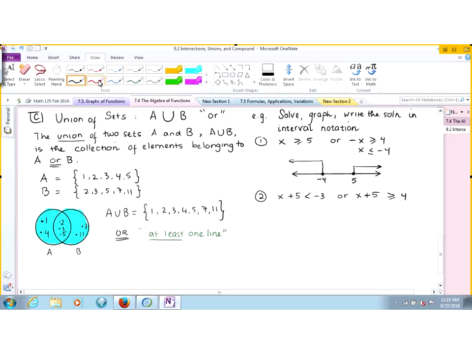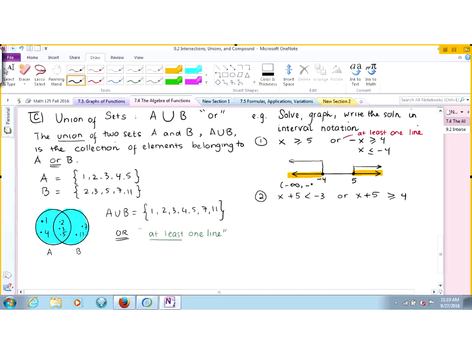Okay. So what does OR mean? At least one line. So which points have at least one line on top? So this one? Yes. So those points have at least one line on top.